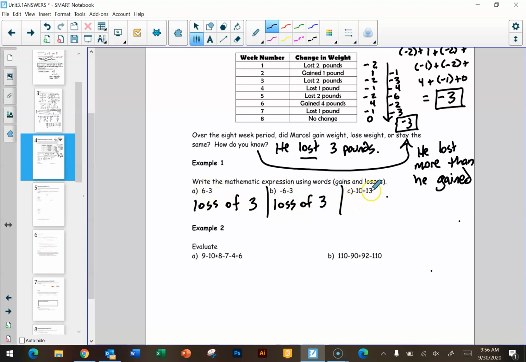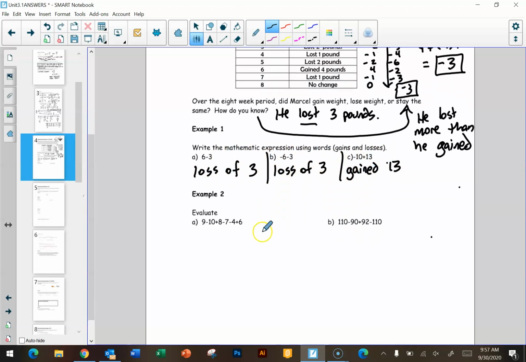How about C? -10 plus 13. Okay, well, in this case, he gained 13. So we're just considering the second part of the expression. Are we gaining or are we losing? We don't really care where we started. This person lost 3. This person lost 3 again. This person gained 13.